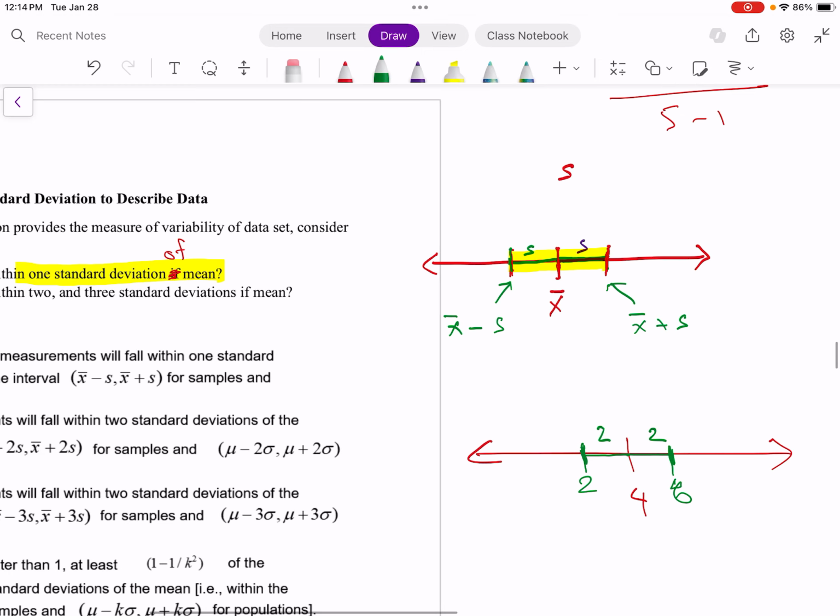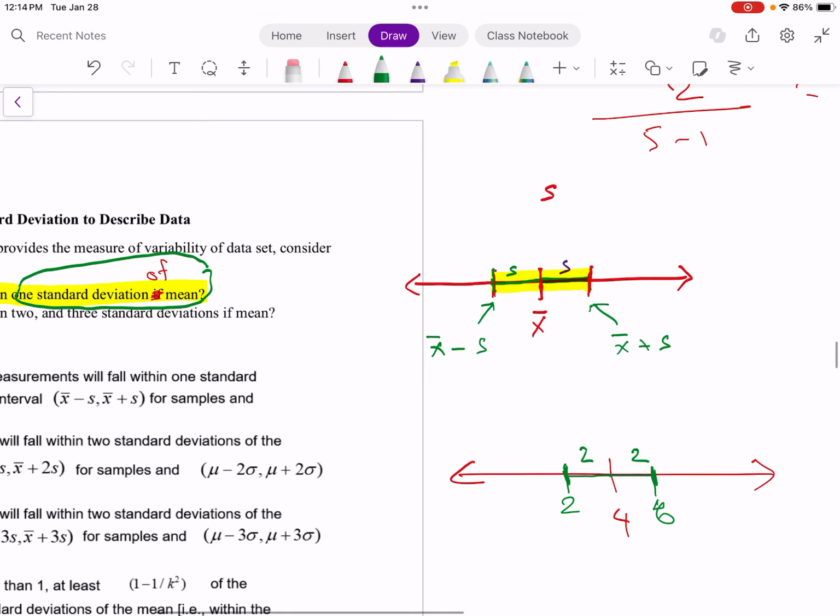One standard deviation of the mean is always an interval, x bar minus s to x bar plus s. Now here we will learn to count the number of measurements in this interval.